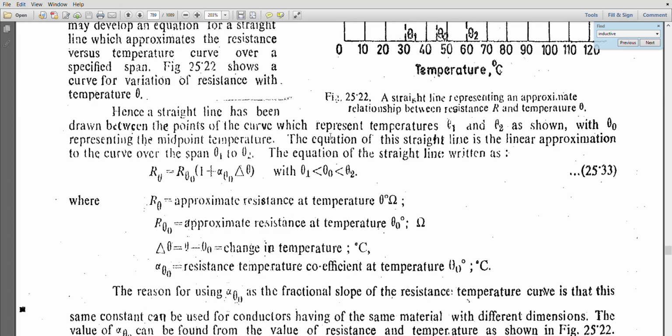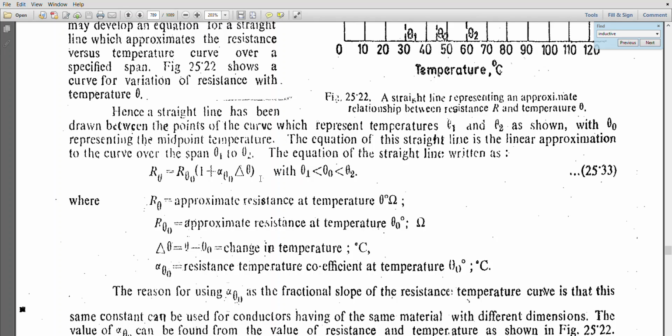You can see something written here: R0 plus R0 into alpha theta naught into delta theta, that is the slope value. The input temperature can be written in this form: R theta equals R theta at 0 degrees centigrade into 1 plus alpha, the resistance temperature coefficient at 0 degrees centigrade, into delta theta, the difference in the temperature.